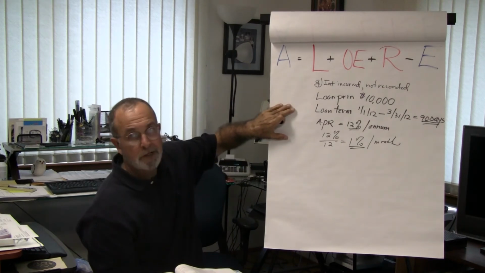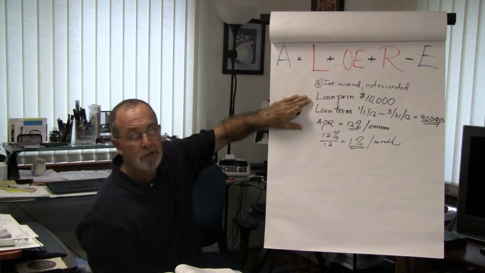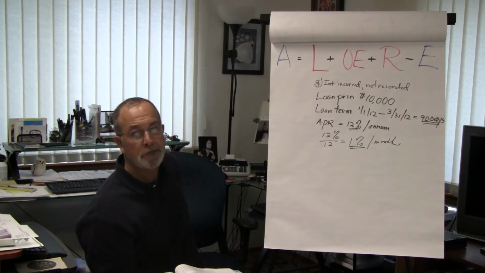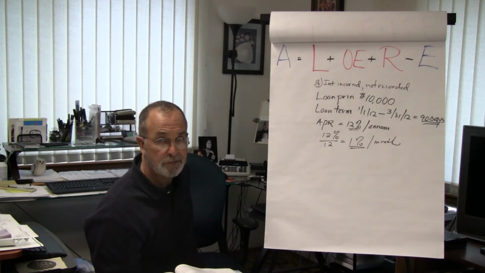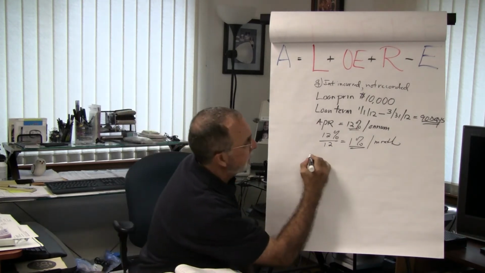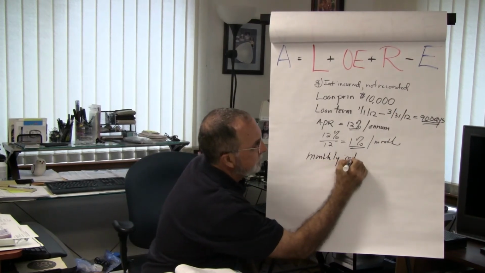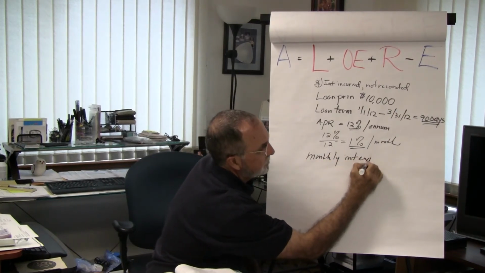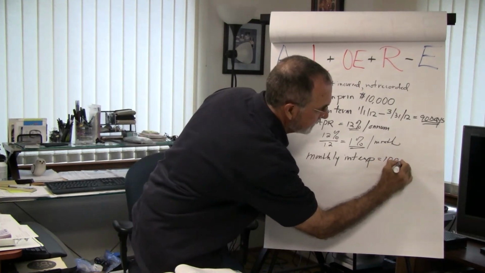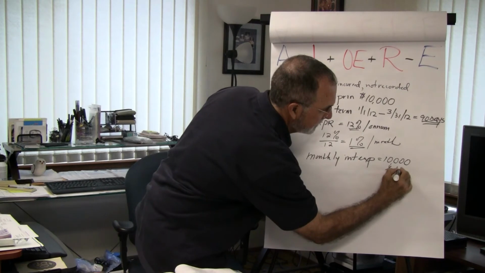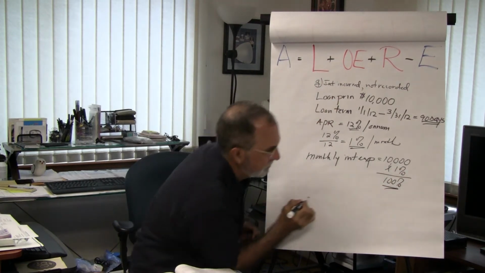So in this example, our $10,000 loan will incur interest expense at the rate of our monthly interest expense, which will be $10,000 times 1%, or $100.